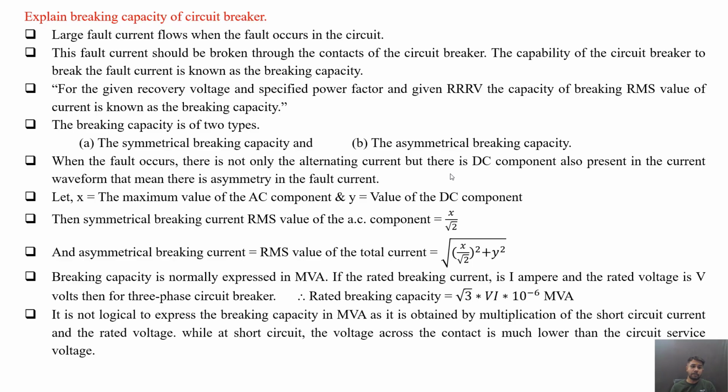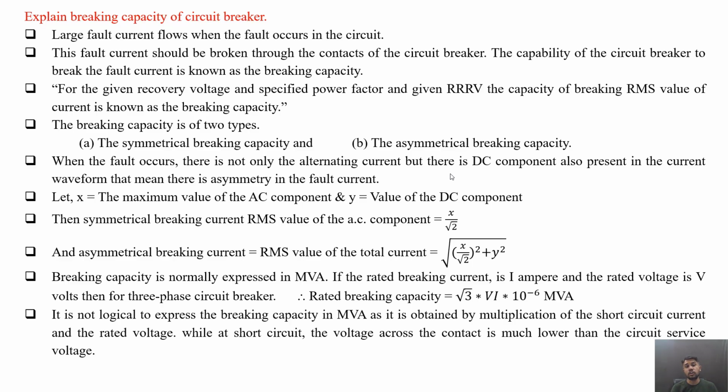Then symmetrical breaking current, that is the RMS value of the AC component, is equal to X divided by root 2, and asymmetrical breaking current is equal to the RMS value of the total current, that is equal to the square root of (X upon root 2) raised to 2 plus Y square. So this can be found out using this formula.